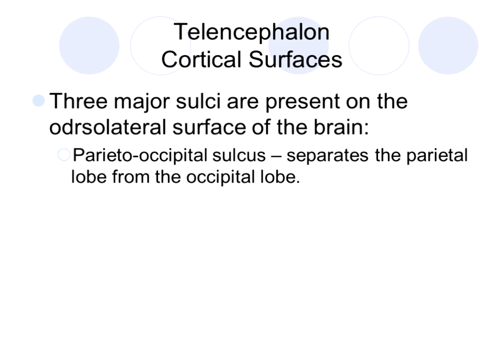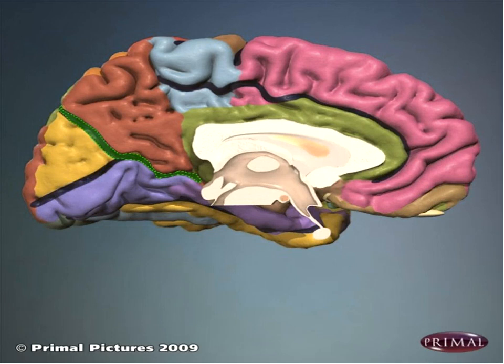We also have a third major sulcus in the telencephalon that divides the occipital lobe from the parietal lobe, and it is called the parietal occipital sulcus. But on the lateral surface of the brain, you cannot see it, so we have to look mid-sagittally to see it.